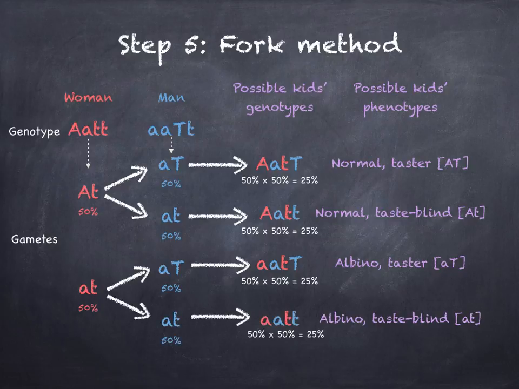And the second possibility is that this small a, small t gamete of the mom is put together with another small a, small t gamete from the dad, resulting in a genotype that is small a, small t. So again, you have 25% chance that this condition occurs and produces albino taste blind kids.